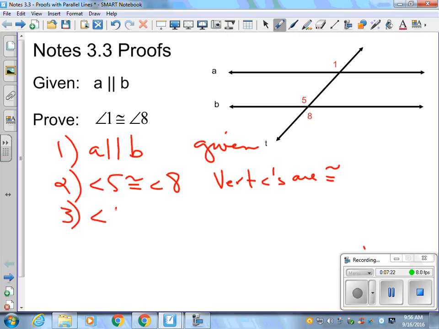So I can say angle 1 is congruent to angle 5, but the reason for that is a really long thing to write, so we're going to try to shorten it down, but let me tell you the whole thing, and then I'll tell you what we can shorten it to. It's actually a very wordy sentence. It says, if your lines are parallel cut by a transversal, then your corresponding angles are congruent.